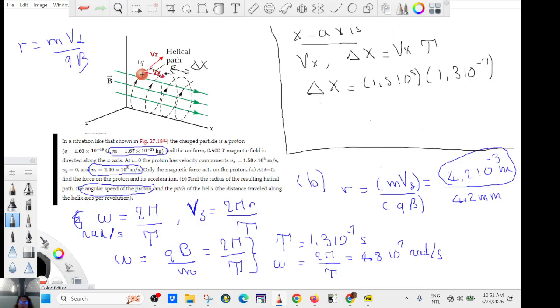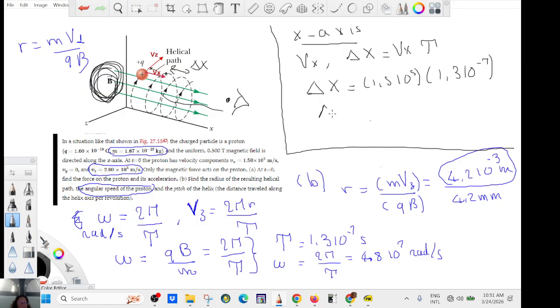Again, the period is the time to go from the top, around, and back to the top. If you look this way, you're going to see just a circular motion. So it's a projection. That time here is the period.